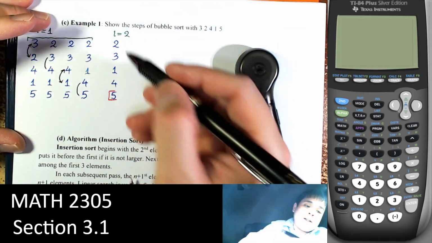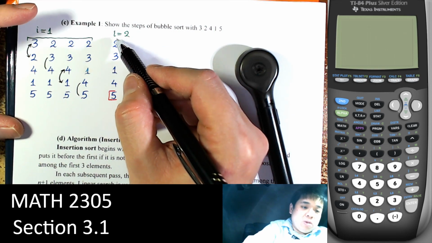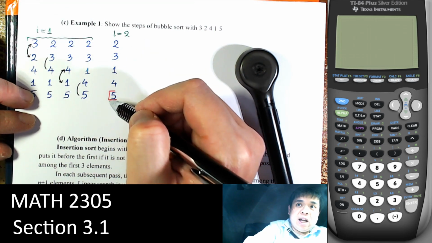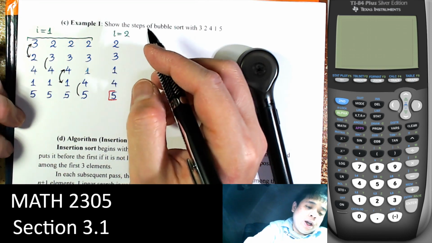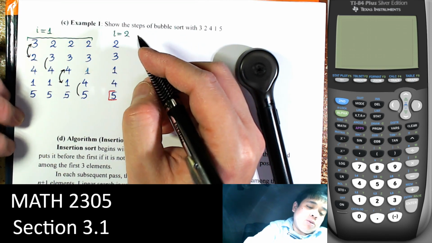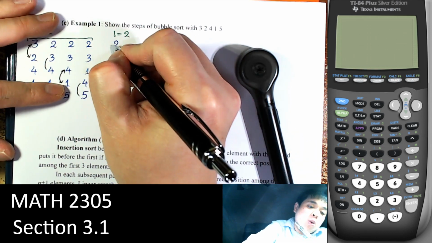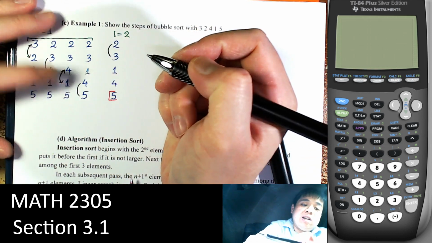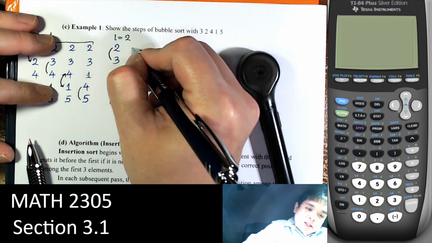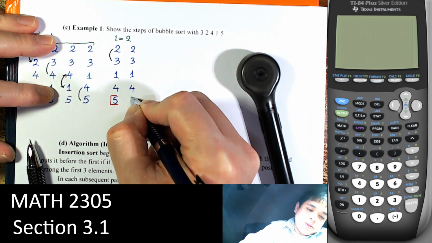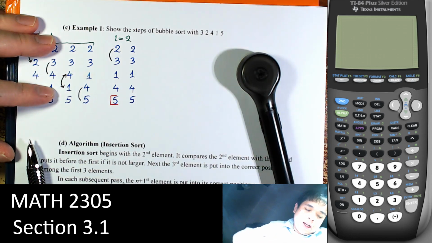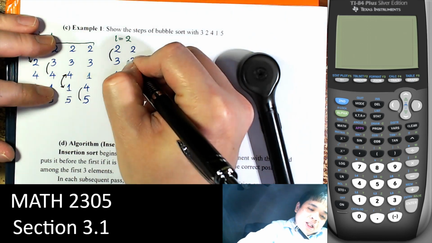Remember, when i is 2, we're going to skip the last one. If i equals 3, we're going to skip the last 2. Now, when we compare j, we always compare the consecutive entries, so that one is good. That means the list is still the same. And then next we look at these two. Well, this needs to be interchanged.